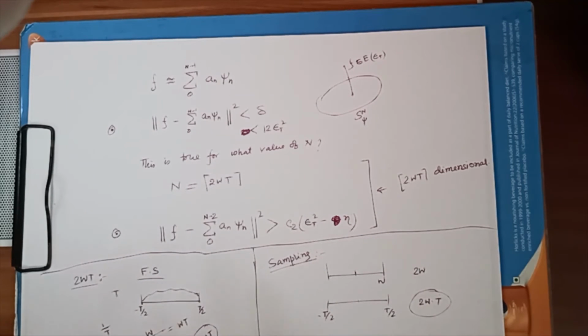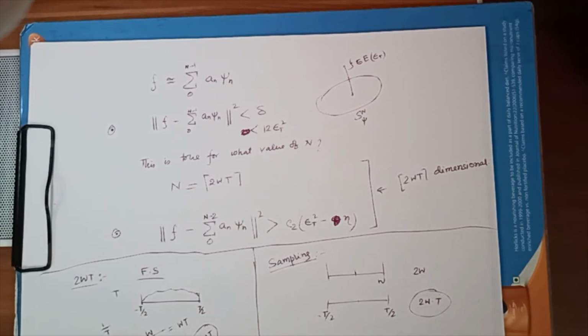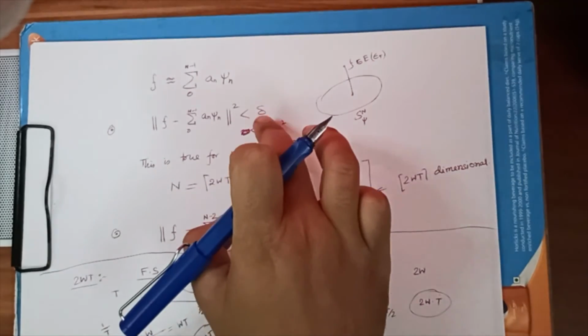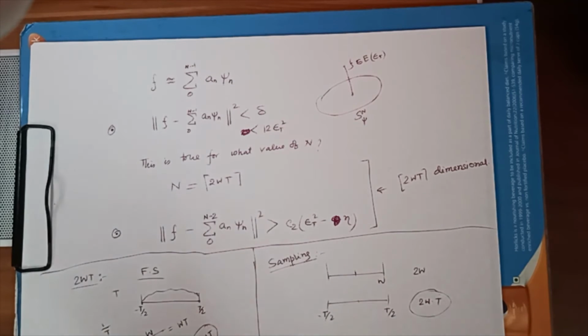So from there I am leaving you, because the precise formulation is through that triple optimization, and then trying to find out what n will satisfy such delta, and from there they obtained this value 2WT. That is in that paper.